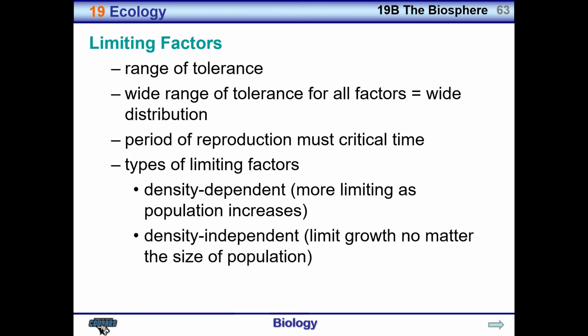Then we have density independent factors. This is where growth is limited no matter what the size of the population. So we'll have some factors that will limit any population no matter what its size. Density dependent is just one where as the size increases, the growth in the number of organisms starts falling off.